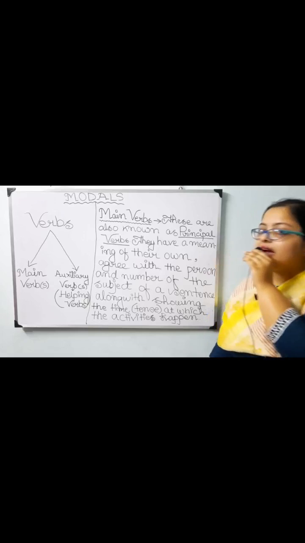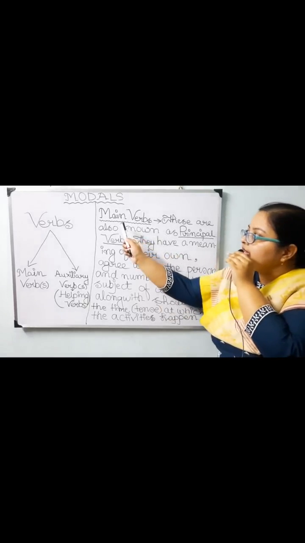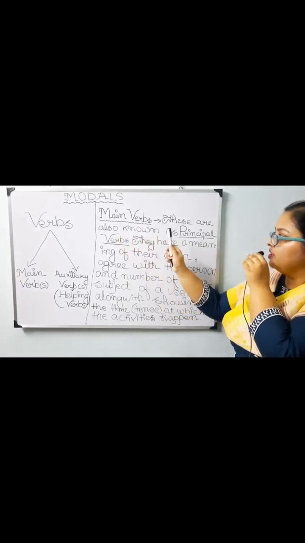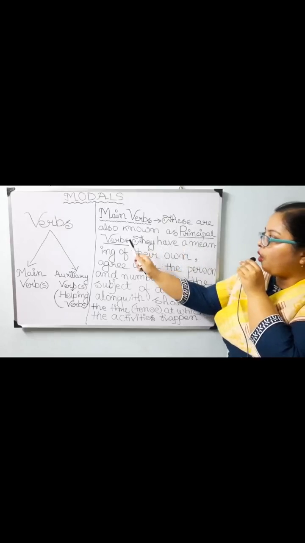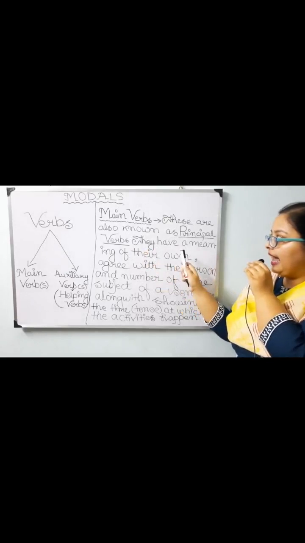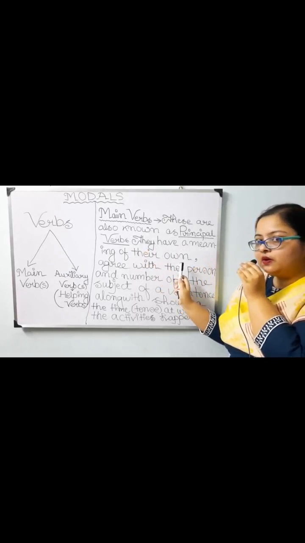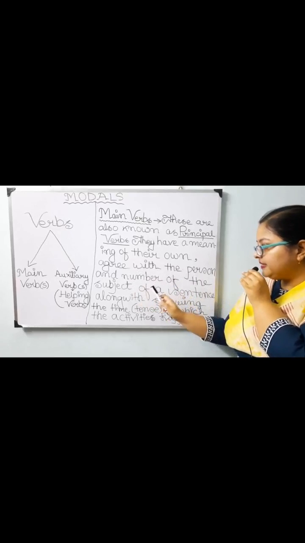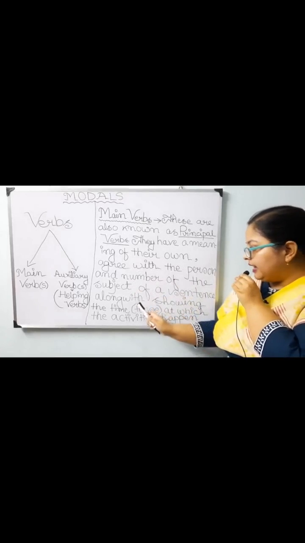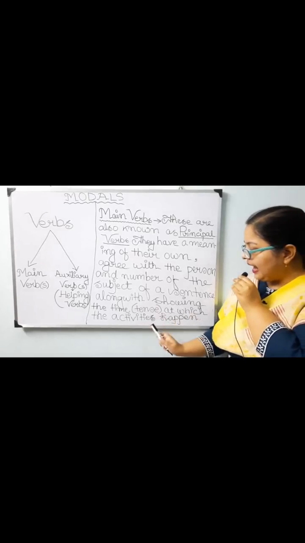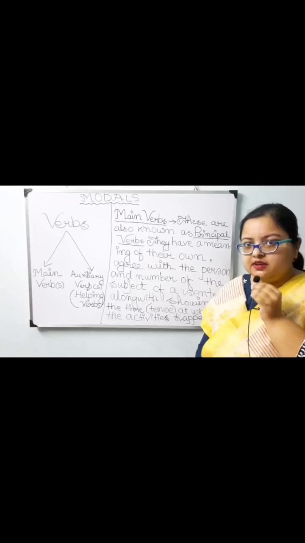Now let us look first at the definition of main verbs. Main verbs are also known as principal verbs. They have a meaning of their own, agree with the person and number of the subject of a sentence, along with showing the time, that means tense, at which the activities happen.